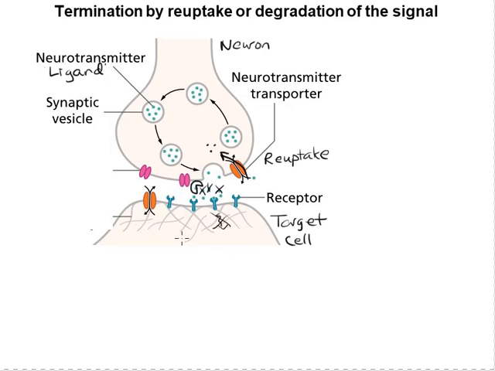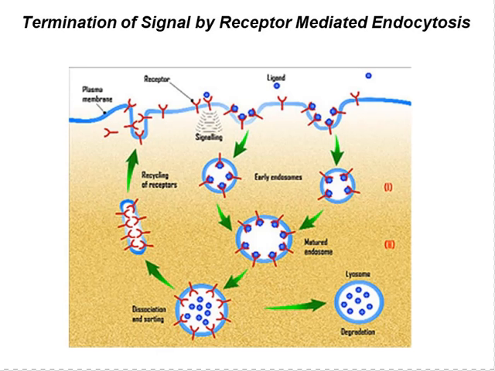The other way that cells can terminate signaling at the level of the receptor is to remove the receptor-ligand complex from the cell surface so that it no longer can activate membrane-associated molecules required for signaling. This is referred to as receptor-mediated endocytosis, and it relies on the existence of intracellular molecules that can associate with collections of activated receptors and cause the membrane to deform, eventually forming a vesicle.